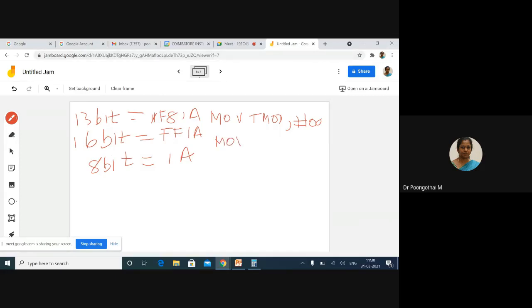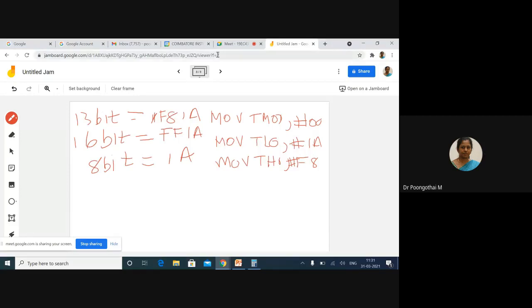MOV TL0, #1A. MOV TH0, the higher order value is F8, #F8. Please note it down. These three instructions are for configuring your Timer 0 in 13-bit timer mode, and the initial values are loaded into TL0 and TH0.